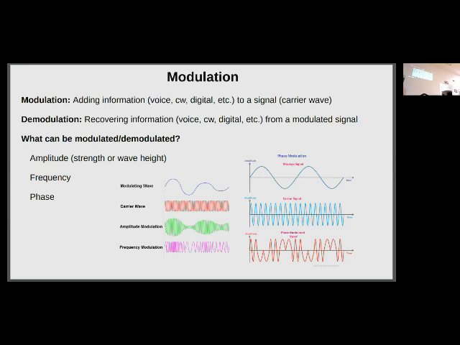So if you look at this, this is the signal. So this is your voice. Okay, so you're going, hello, hello, this is KI7TPD. That's your voice. You then have a wave, this carrier wave, which is being generated in your radio. And what you do is you stick these two things together, and that's what we call modulation.